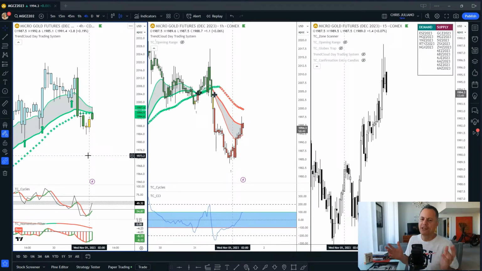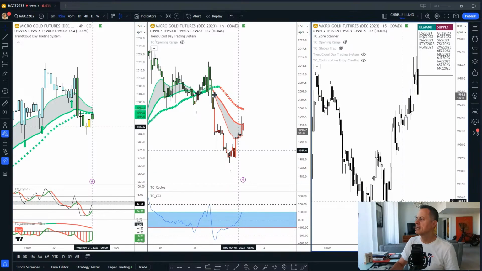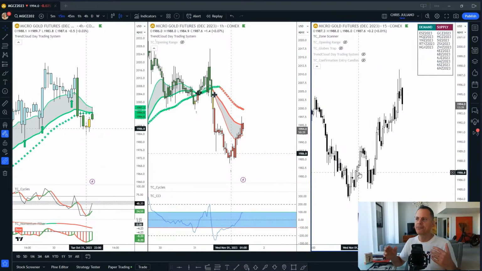And that's what we love. We love figuring out the patterns and trying to get a better understanding of price action. So TrendCloud is a price action mapping system that gives you a process to trading supply and demand zones, the open range breakout, and trend reversals.